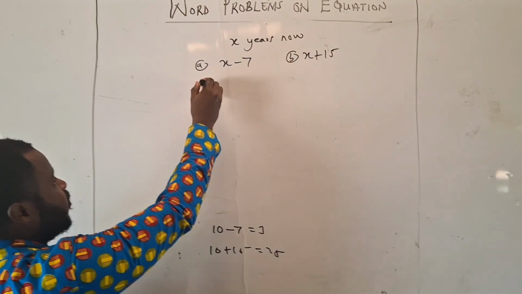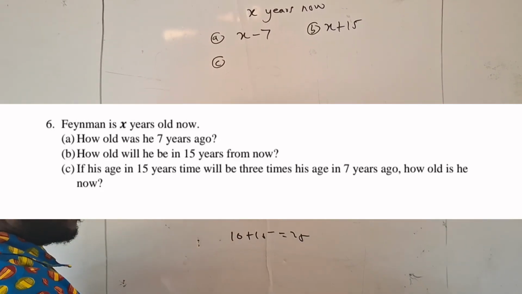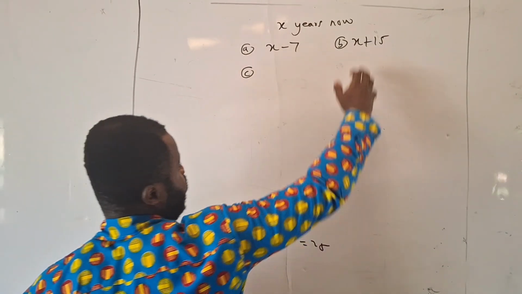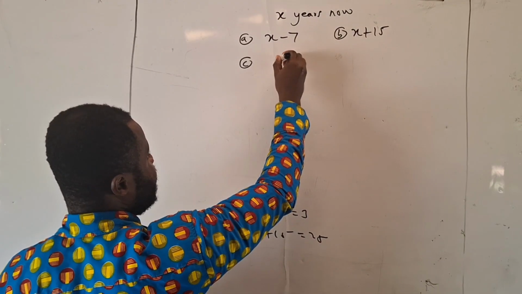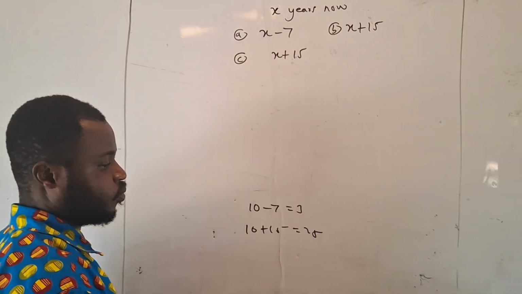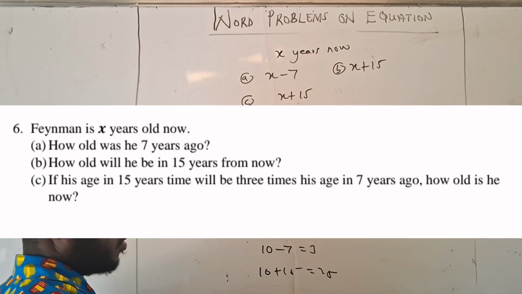Now, the C. If his age in 15 years time, which one is that? This one. If his age in 15 years time, which is x plus 15, will be 3 times.